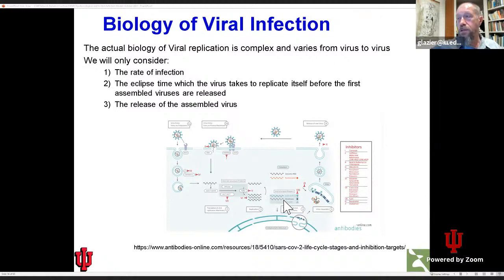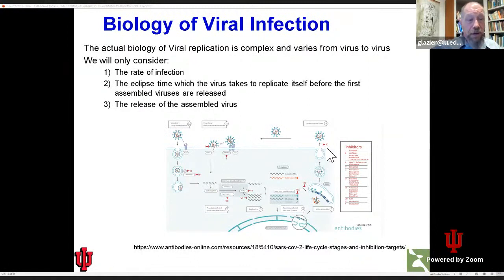Once those proteins are made, intact copies of the viral genome are combined with those proteins to make new viral particles, new virions. Those virions then are put through the Golgi apparatus, put back into endosomes, and then released from the surface of the cell.